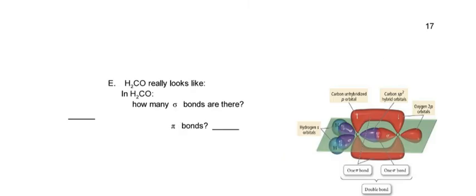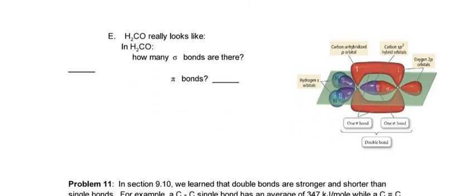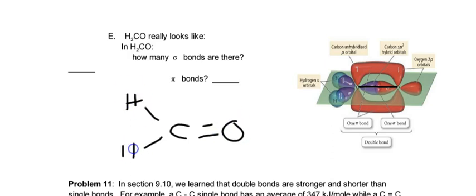So what does this formaldehyde really look like? Here is your direct first bond. So if I'm doing this, I'll put it in the same way they have it. This overlap of the S is, let's say, the first bond between the two.